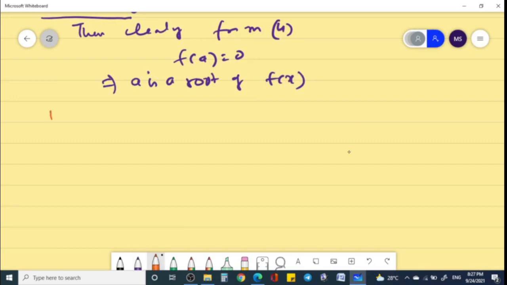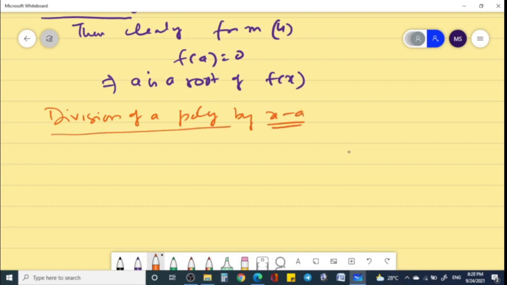So, division of a polynomial by x minus a. Now we will describe synthetic division. We have studied division.